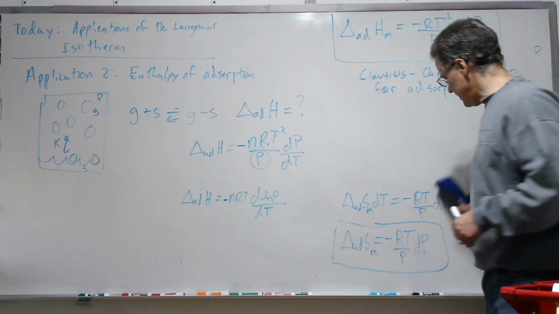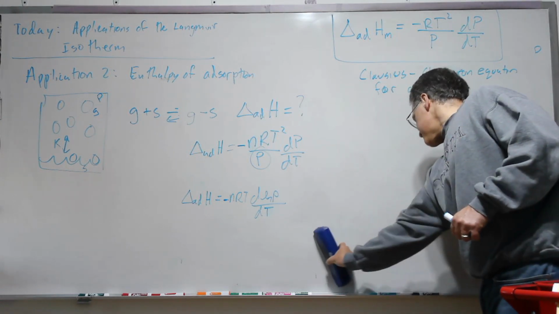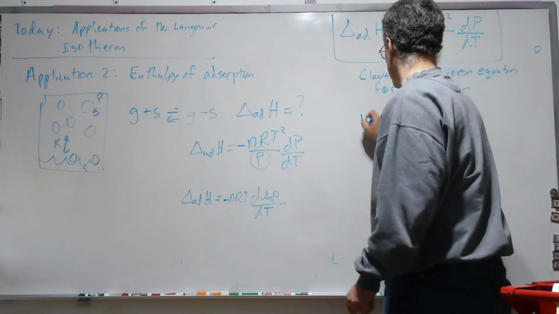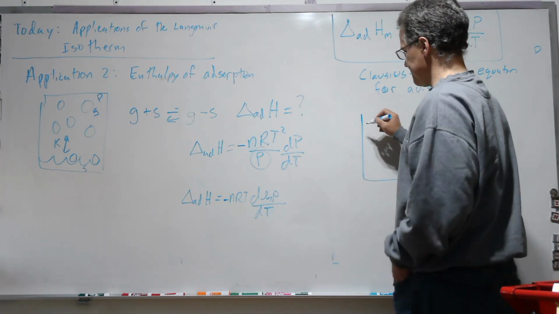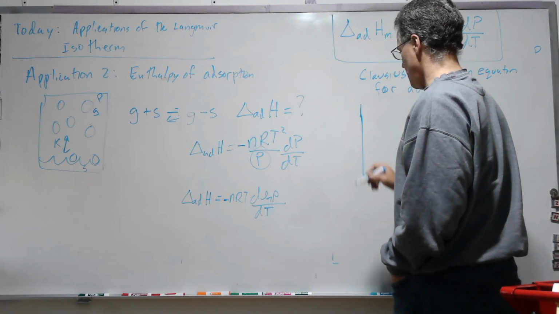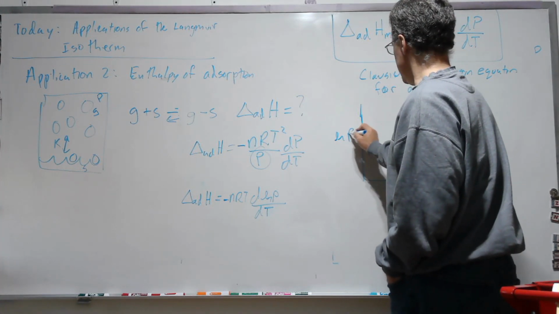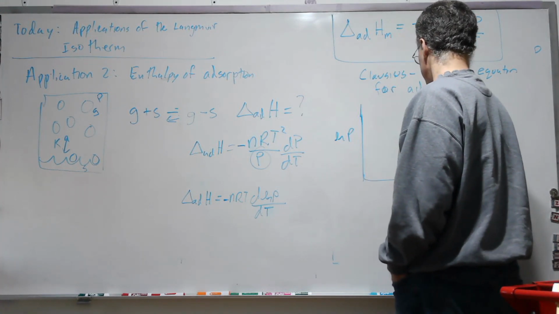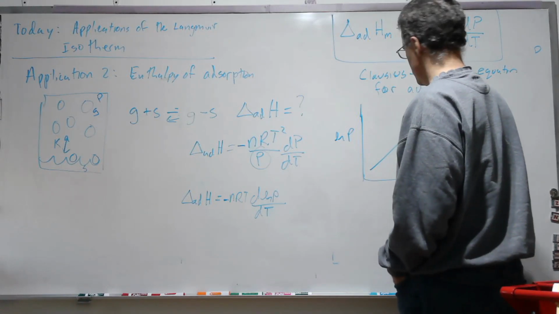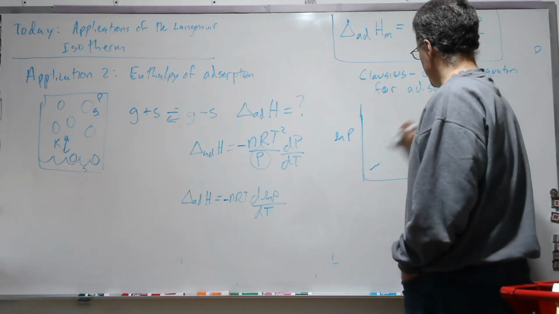And so if you were to plot ln P versus T, we have a negative slope.